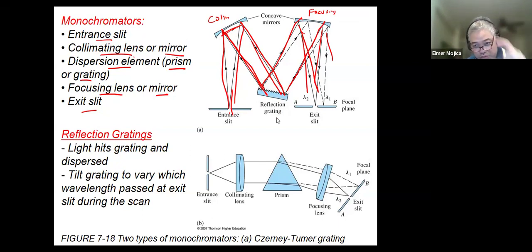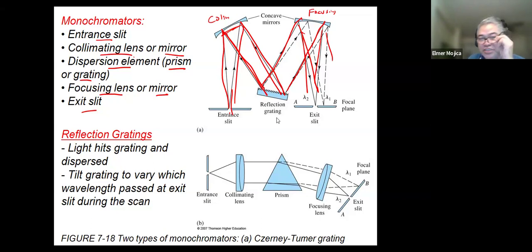Remember, we have a monochromator, so you're narrowing down the light that enters the entrance to a certain wavelength. The diffraction angle determines which wavelength is focused going to the exit slit.